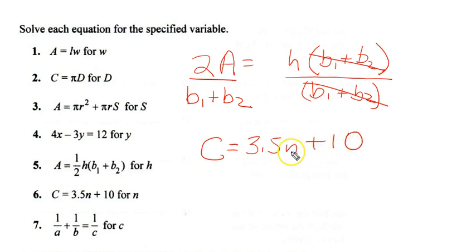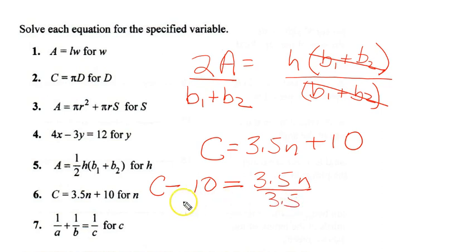Now you want to solve for the letter n. Well, again, isolating the term that contains the n, we're going to transpose the positive 10 to the other side just by bringing it over and changing its sign. And now dividing by the numerical coefficient of the variable, 3.5.